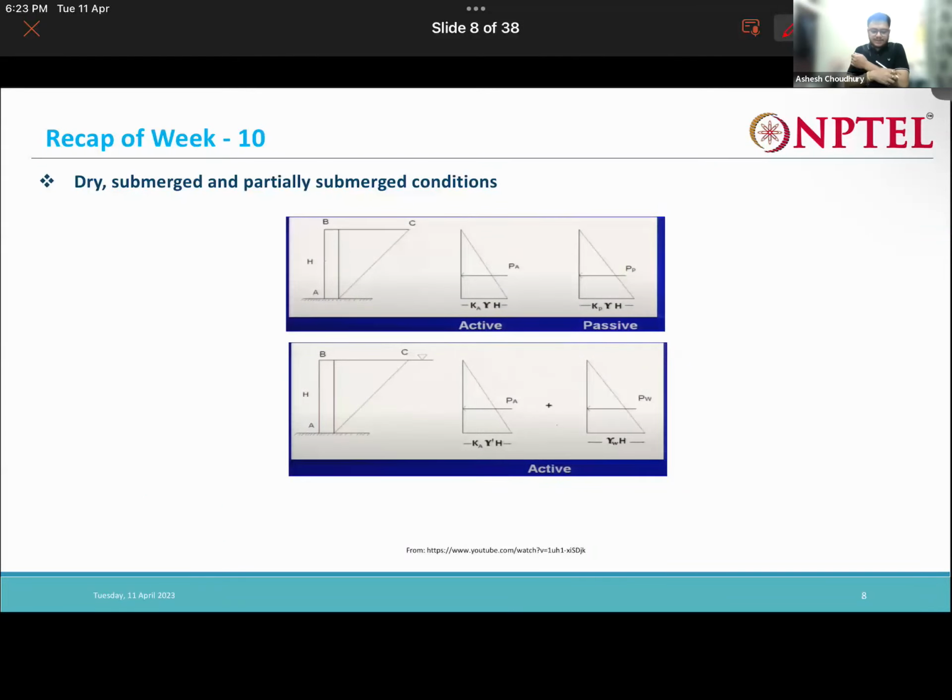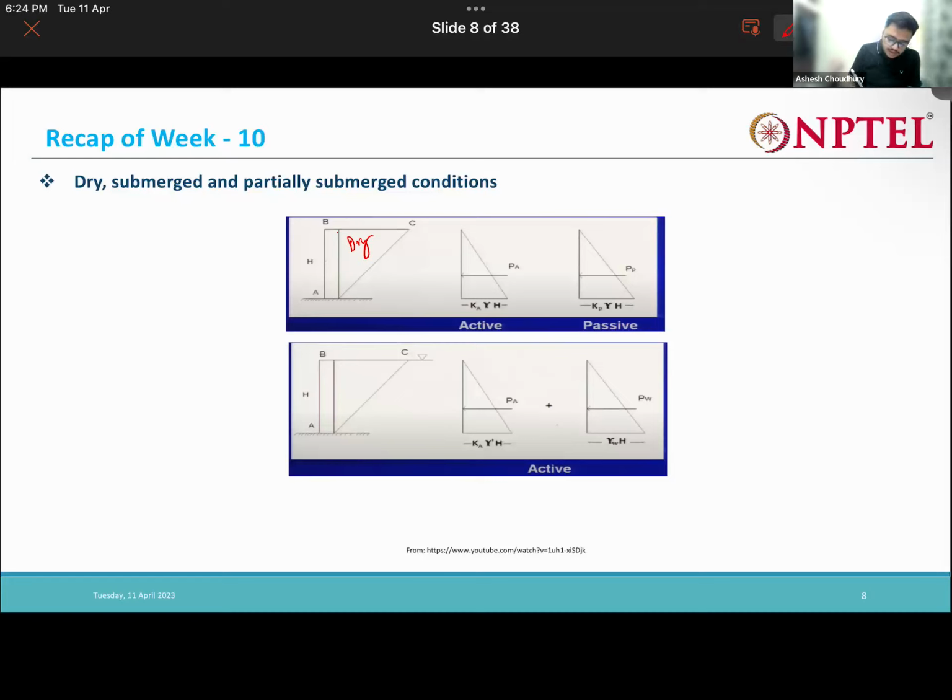Now these are some typical cases. Say you have a dry soil which is being retained by the retaining wall AB. So what will be my PA?